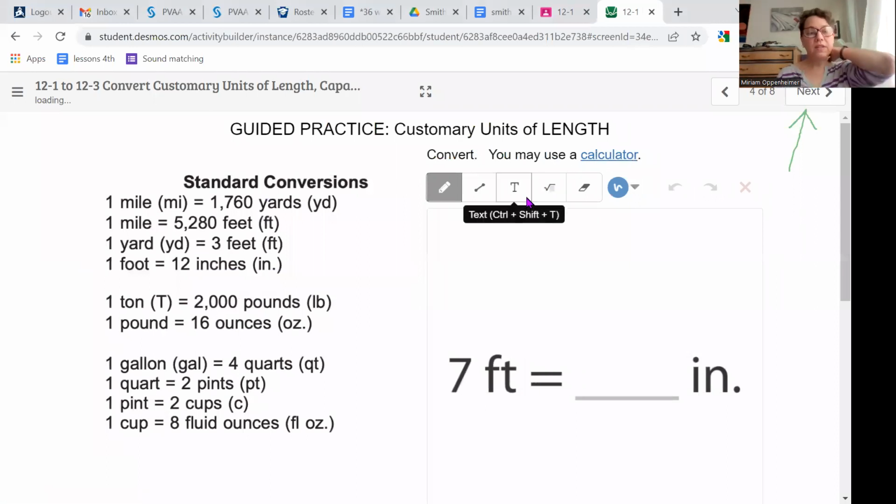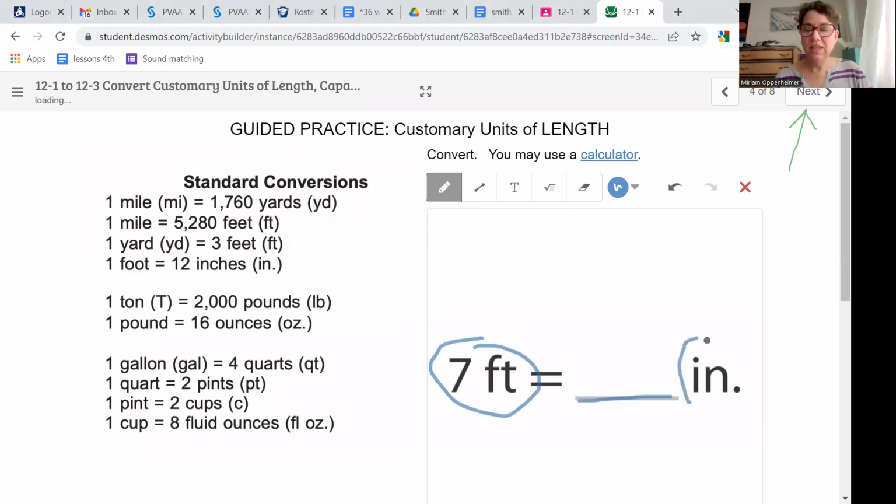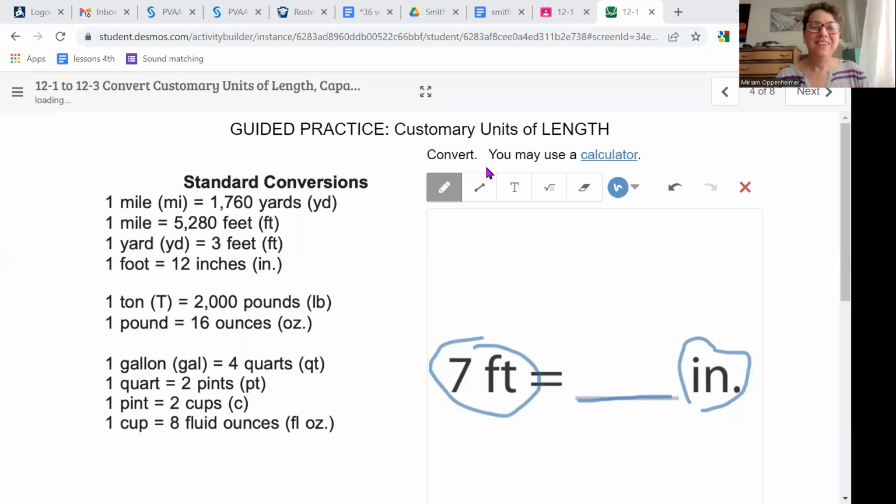Okay, now difficult. So we want to know 7 feet is how many inches? That's the question. There's not a lot of words. There's no problem. So let's look over here. We're looking over here, foot, inches. See the FT means feet. The IN is inches.